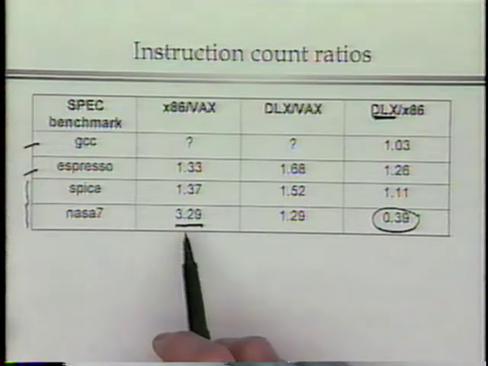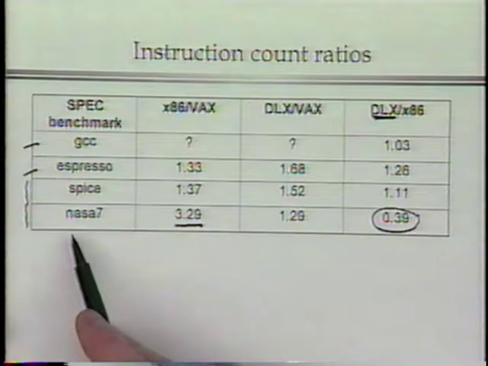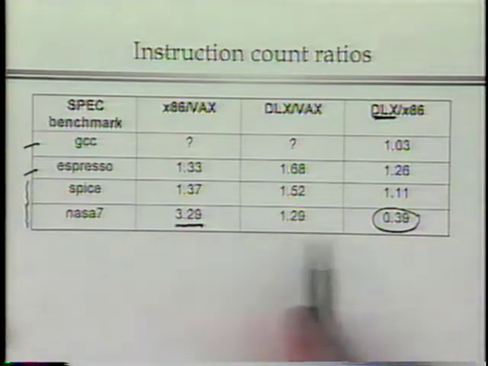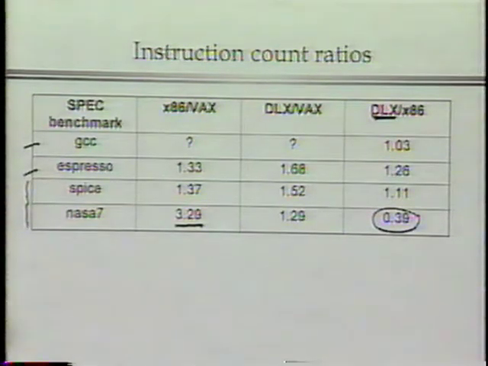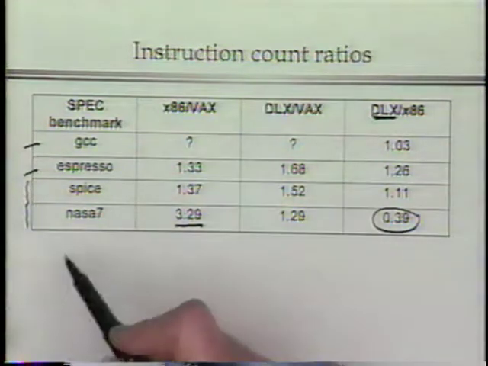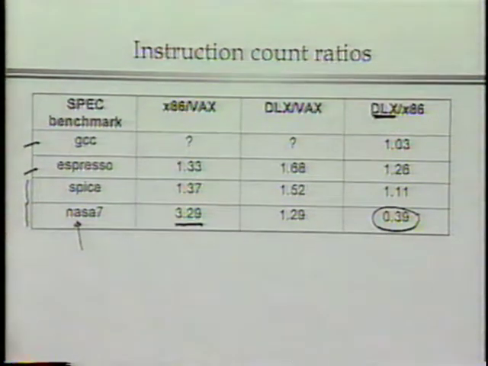So the conclusion is that something's going wrong with the x86. For some reason on this benchmark, the x86 is executing a lot more instructions than one would expect by looking at the architecture. And in fact, that's true, and I don't know exactly why, although in a couple of minutes I'll speculate as to why that is.